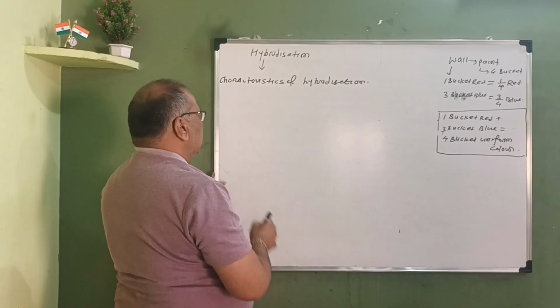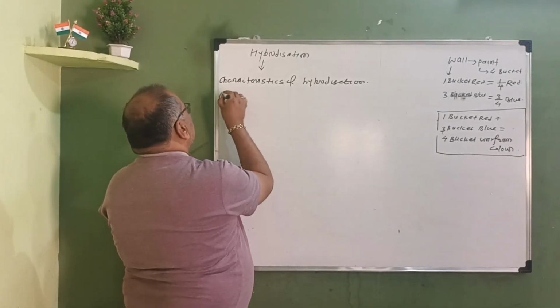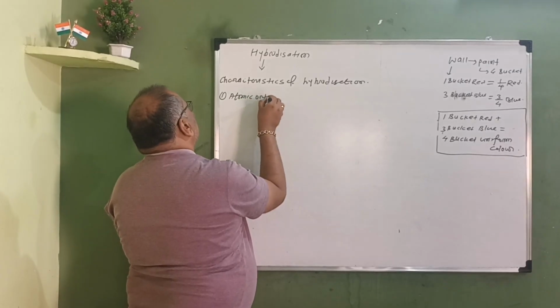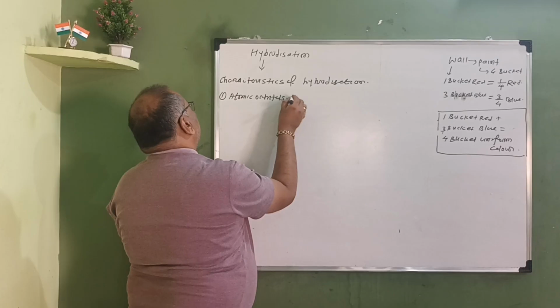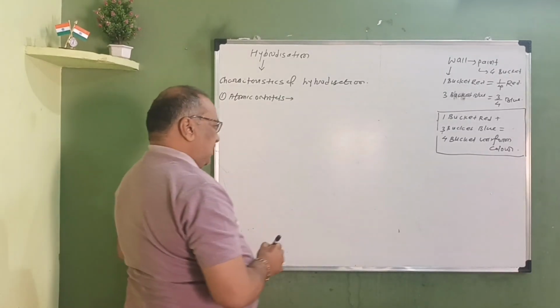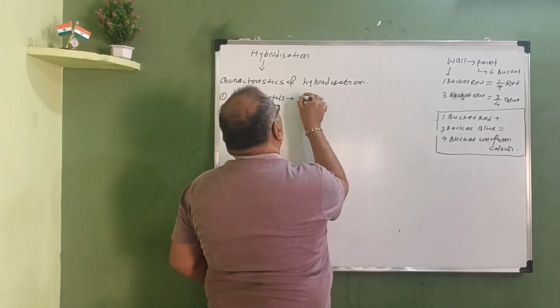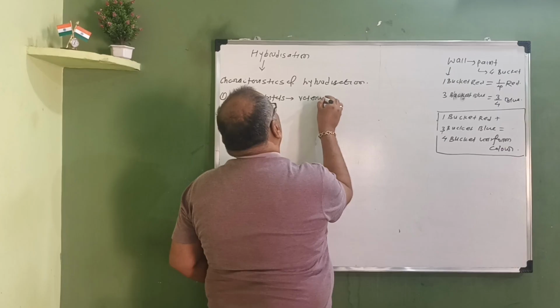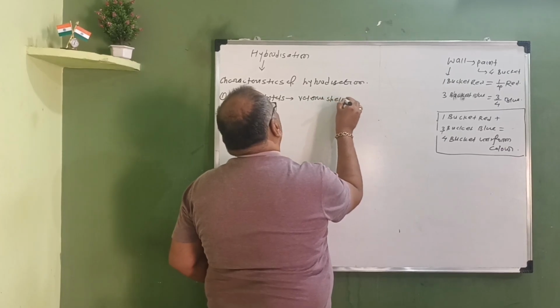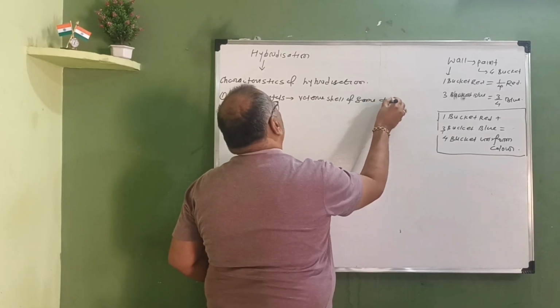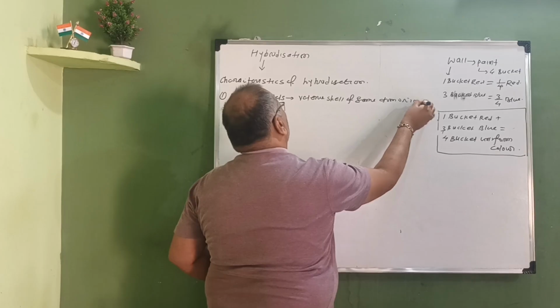Now here first characteristic, atomic orbitals participating in the process of hybridization should belong to the valence shell of the same atom or ion.